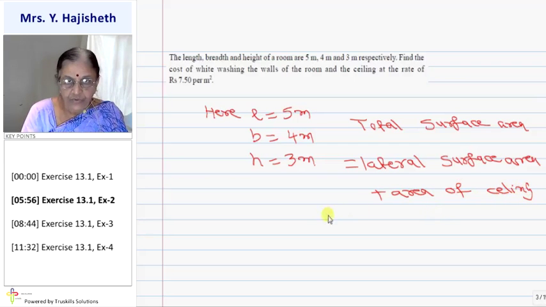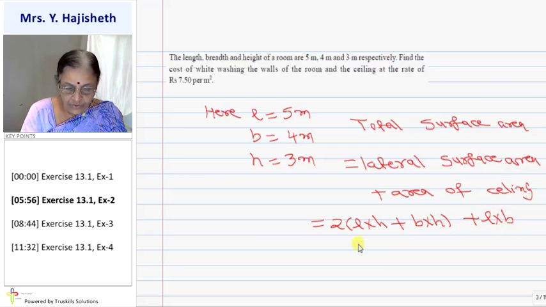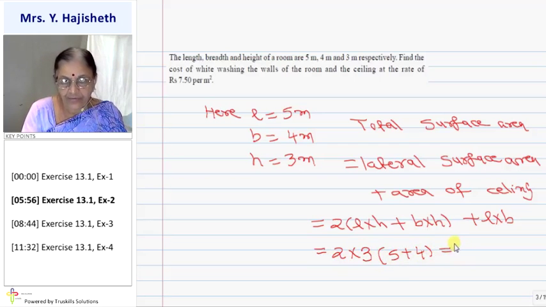Okay, so that is 2 times L into H plus B into H, plus L into B. If you put the value, it is 2 into, you take out H common, 3 in bracket L plus B, so 5 plus 4, so 9, 6 nines are 54, and plus L into B is 5 into 4.